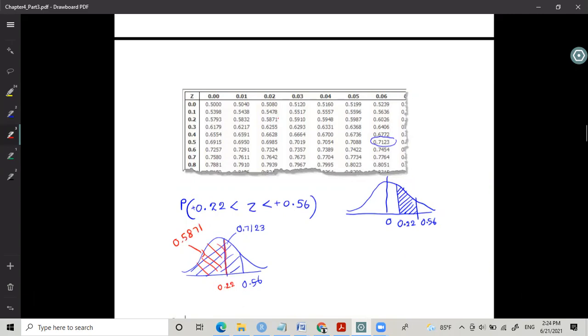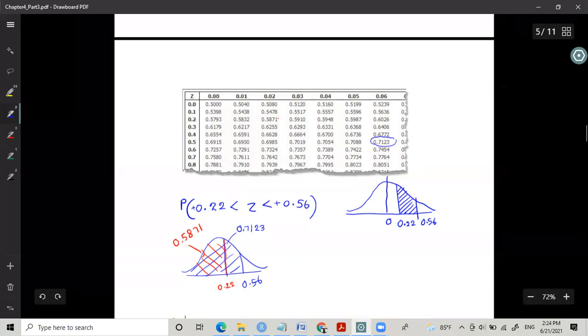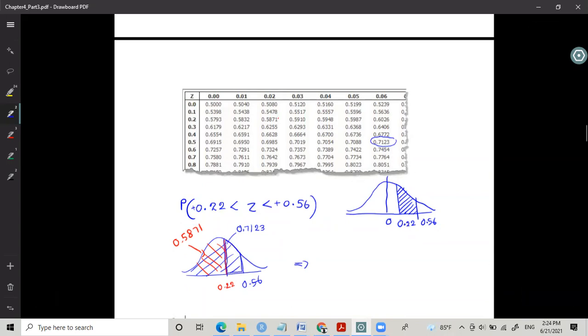Now what do we want? What we want is only the blue one, right? So how do you do that? You can subtract this unwanted red part, and you will end up with the area you want. You have everything from negative infinity up to 0.56, that area 0.7123, and you have some unwanted area, everything left of 0.22, you don't need it, so subtract it.